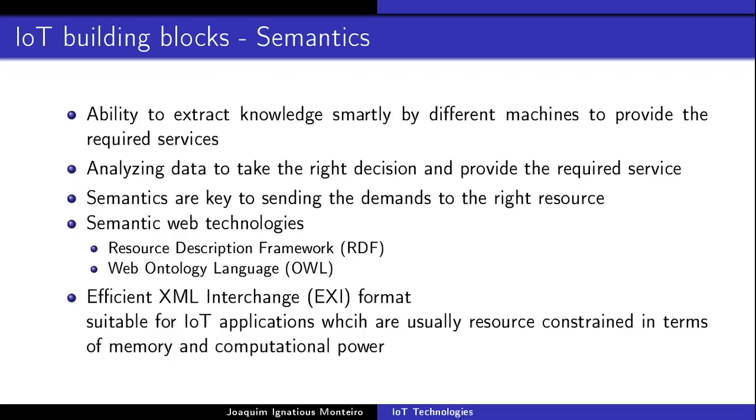You need to send the correct query to get the correct resource. So different frameworks are defined. What is RDF, other is OWL, and much more efficient techniques do exist. The EXI format is a much more power efficient as well as resource efficient way for IoT applications. Okay, so that's regarding the semantics involved in IoT.